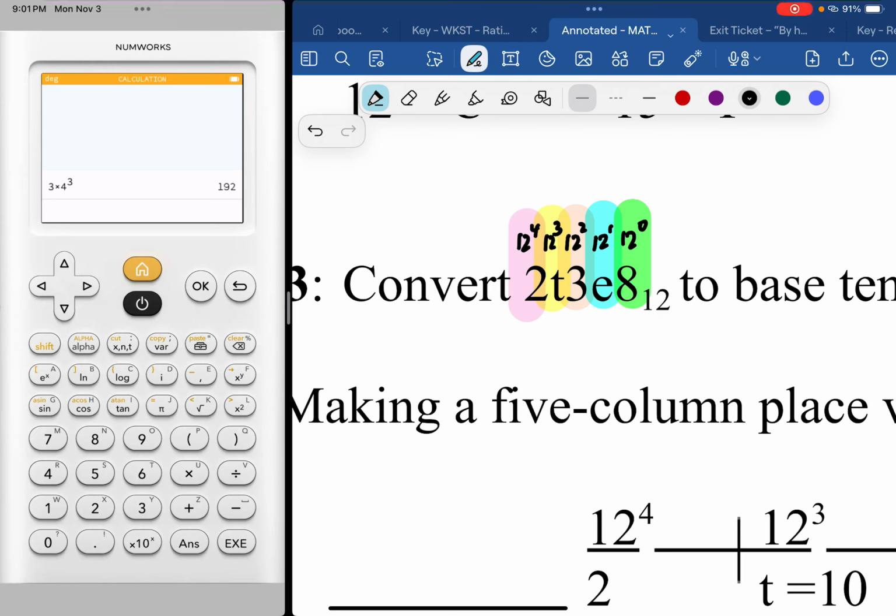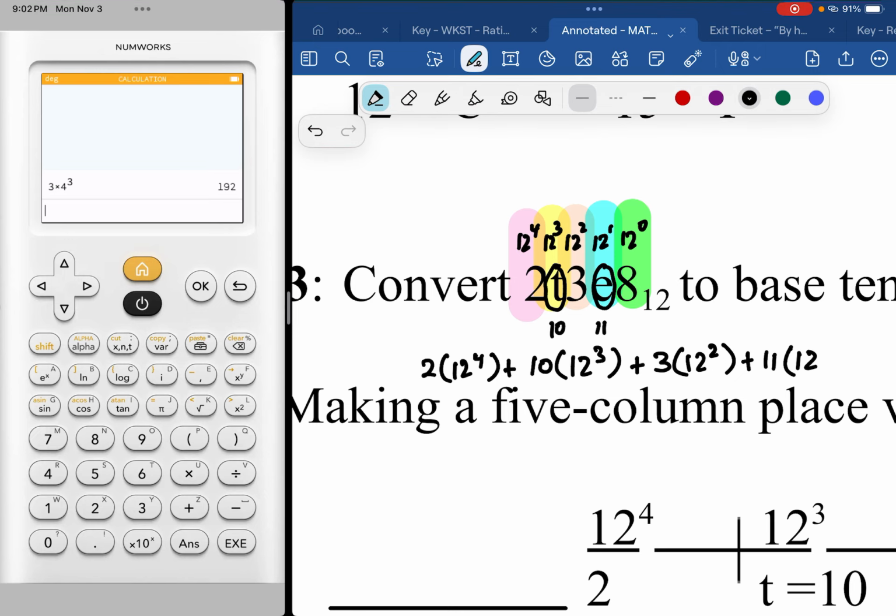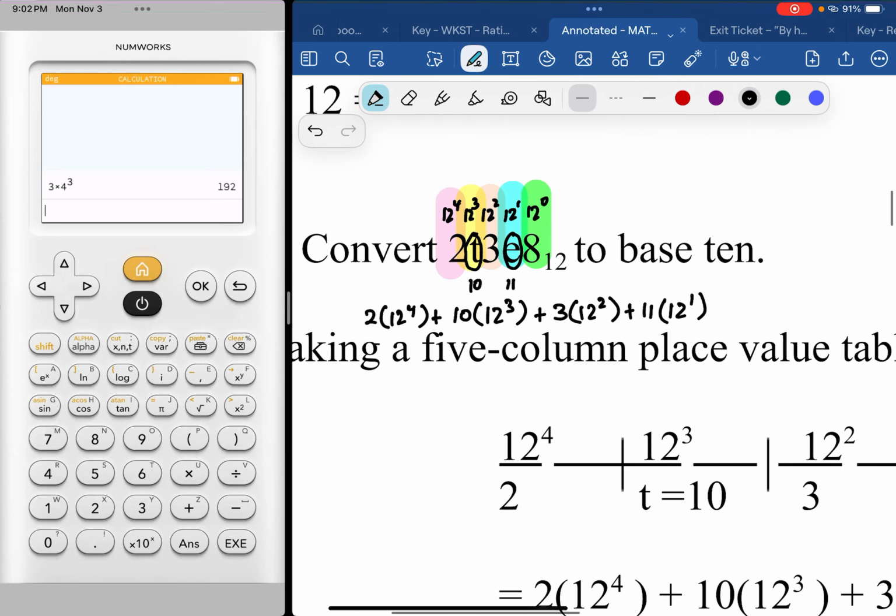But for example, that T, I would have to know that that's the equivalent of 10, and the E is the equivalent of 11. All right. So this would be the same as saying I have 2 of those 12 to the 4ths plus 10 of those 12 to the 3rds plus 3 of the 12 to the 2nds plus 11 of the 12 to the 1st values, and 8 of the 12 to the 0ths.